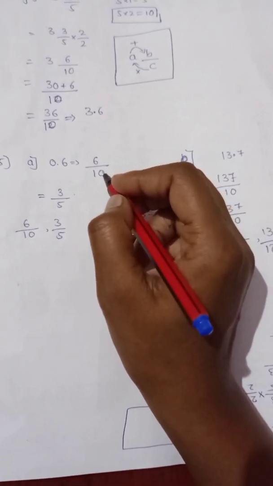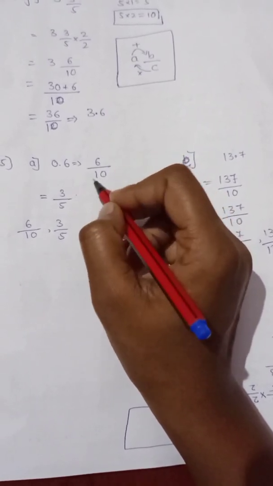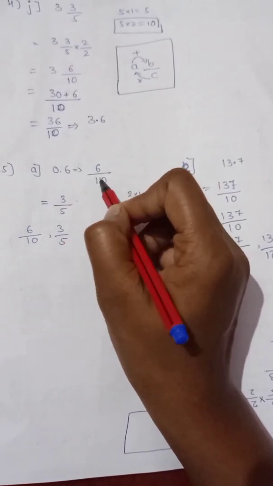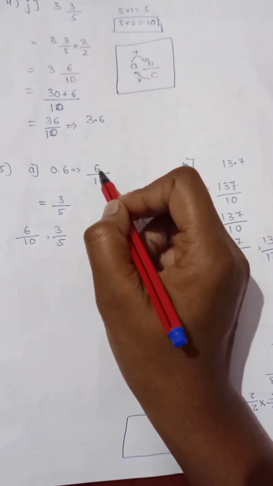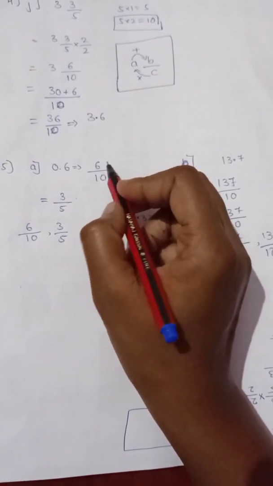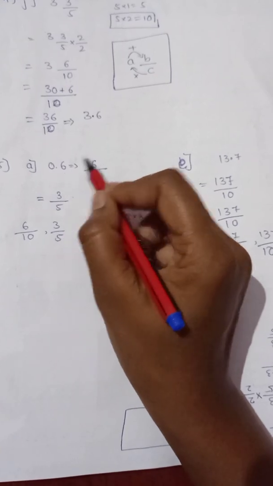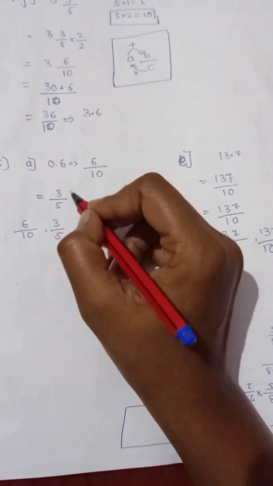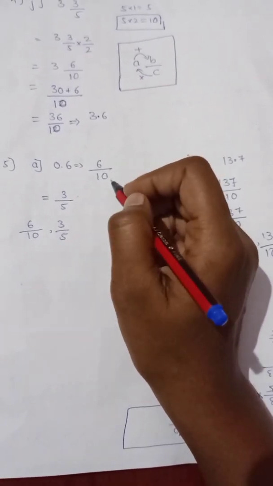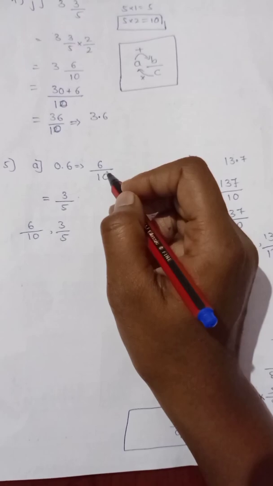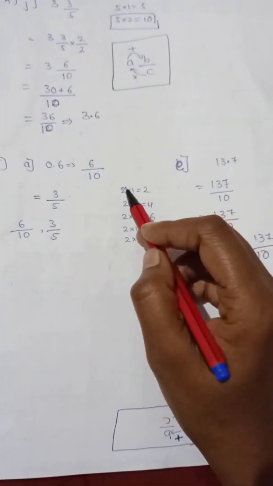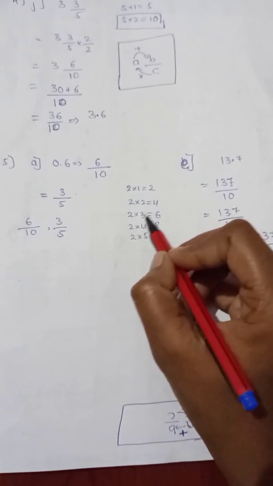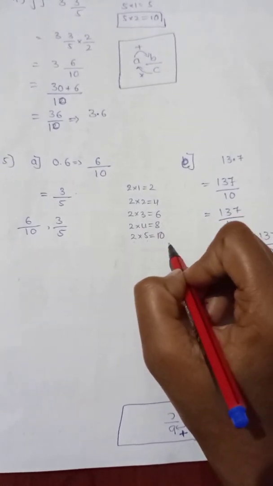So what did we do, children? They asked two questions. One is to convert this decimal number to a fraction and to reduce this fraction to lowest form. Now we converted this decimal to a fraction. Now we will reduce this fraction to lowest form. 6 and 10, both numbers come in which table? 2's, right? 2 ones are 2, 2 twos are 4, 2 threes are 6, 2 fours are 8, 2 fives are 10.